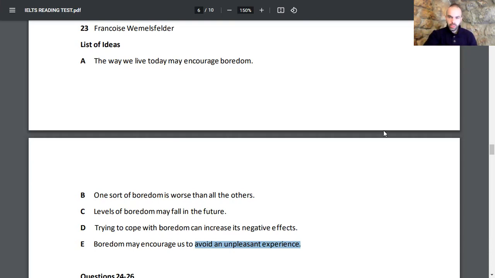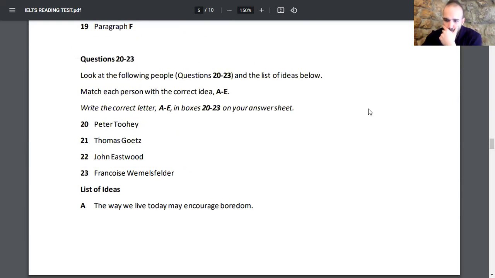So now what I'm gonna do is, for number 20, which is Peter Tuhi, I assume that the idea matching with Peter Tuhi is present in paragraph A, okay?